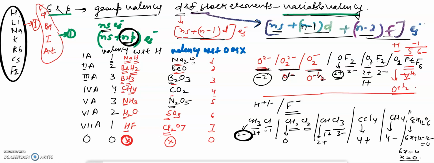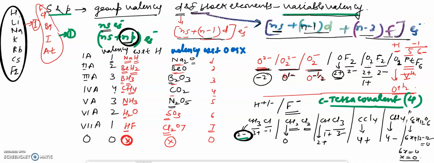That is what I told you in the beginning. The valency of carbon is 4. Carbon is tetracovalent. This is about the covalency of carbon, that is always 4. What about the oxidation number? In CH3Cl, carbon can show 2 minus oxidation state.